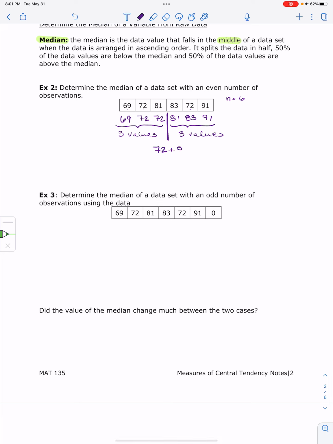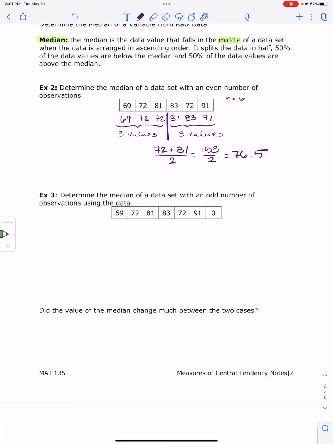So I'm going to add the 72 and the 81. We're going to average those, divide it by 2. We get 153 divided by 2, which is 76.5. Notice that that value is not actually in the data set, but it does divide our data set in half, 3 below, 3 above.